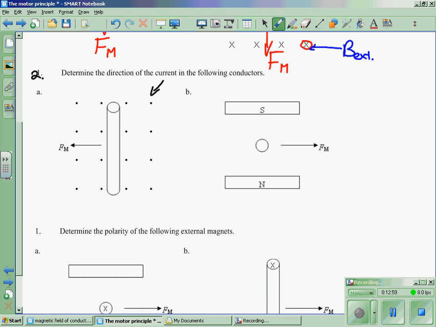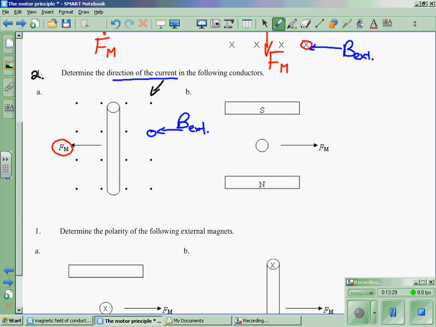I've given you the direction of the magnetic force, and I've also given you these little dots, which represent the direction of the external magnetic field. And what I'm asking you to do in this case is tell me what is the direction of the current flowing through the wire. Okay?